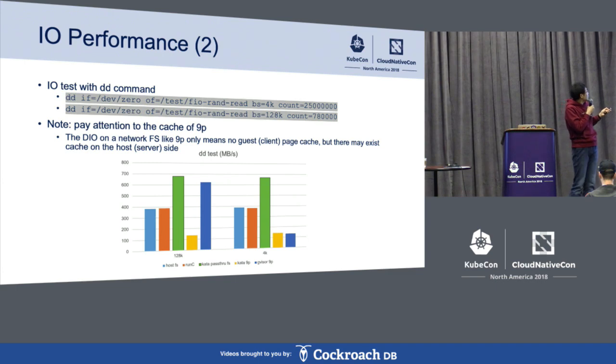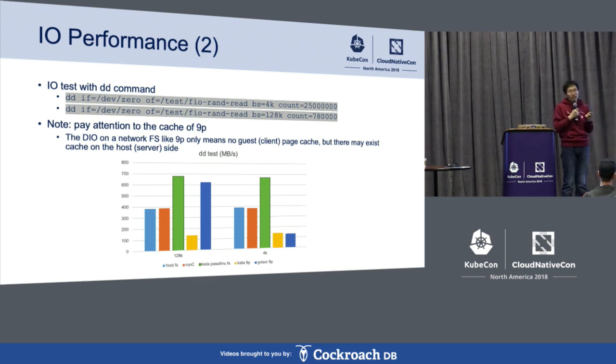One thing I'd like to say: natively, 9P is kind of a network file system, which includes a client and a server. So if you specify that you want to use direct I/O in the client part, in the server part you can't configure it to use direct I/O.